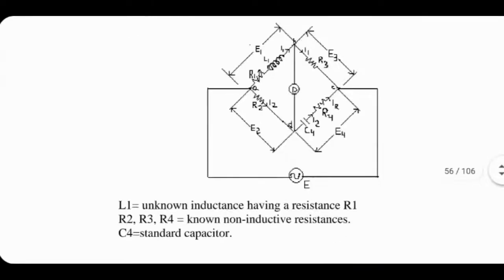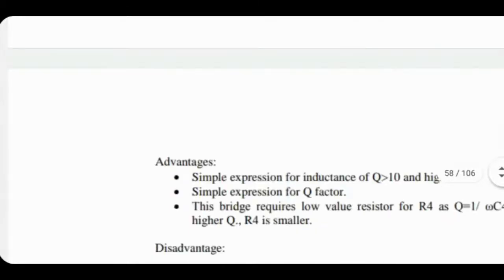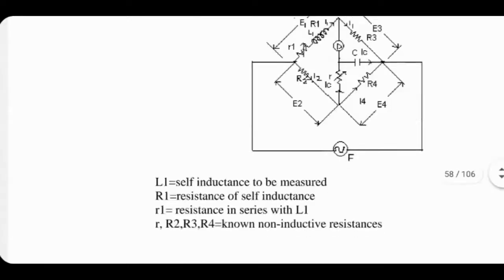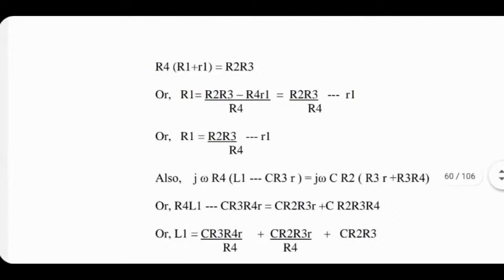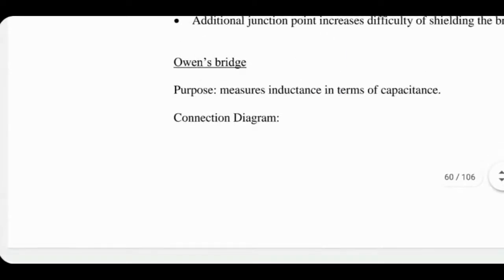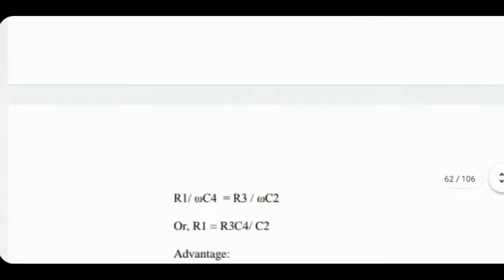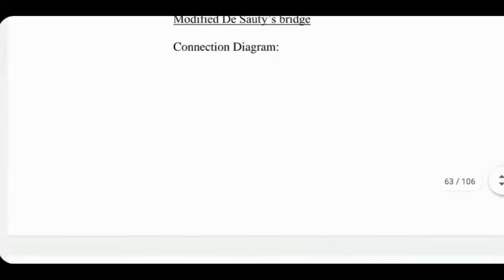Okay, the Hay bridge is also there, phasor diagrams, etc. Just don't bother too much. The Anderson bridge is another one. This part is meant more for electrical engineers than for mechanical engineers. So please at least be aware of the names, if nothing else.